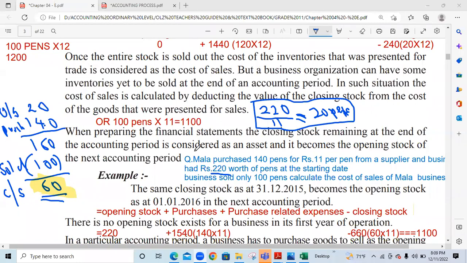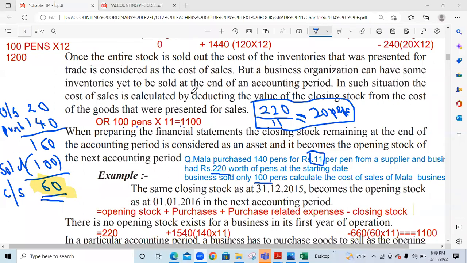Lastly, the one which I told now is actually easy. How? You sold 100 pens. You bought those 100 pens for 11 rupees. So the cost you incur is 100 pens each at 11 rupees, 1,100. Okay, now let's go to the theory part. Please copy it down quickly.